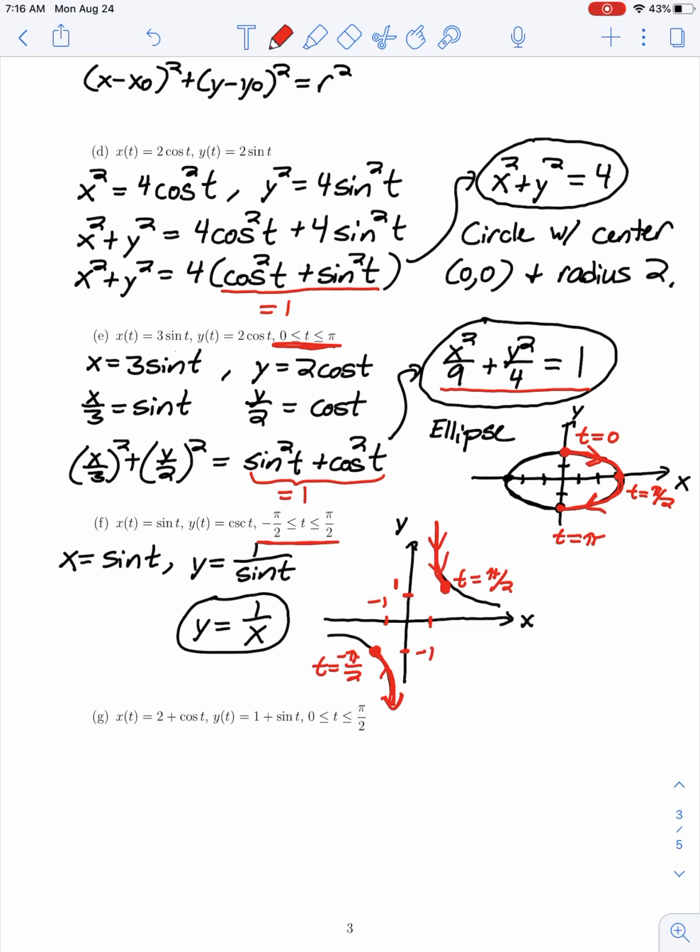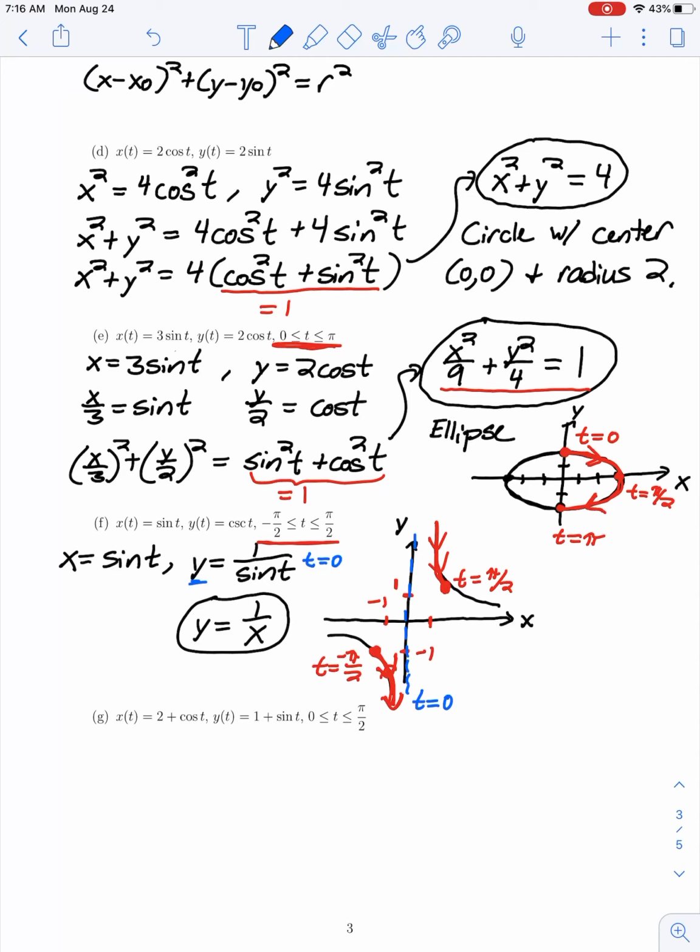So we have a portion of our hyperbola which is traversed in the direction shown, and here the midpoint of our interval when t is equal to 0, well, we know sine of 0 would be 0, so our y value would then be undefined, so we're seeing this vertical asymptote which corresponds to a parameter value of 0. Okay.